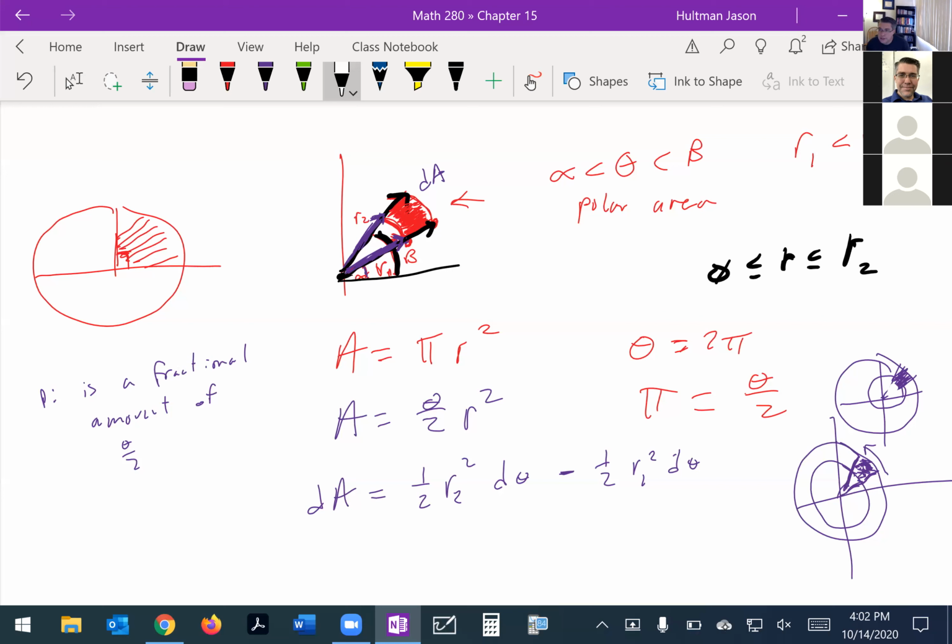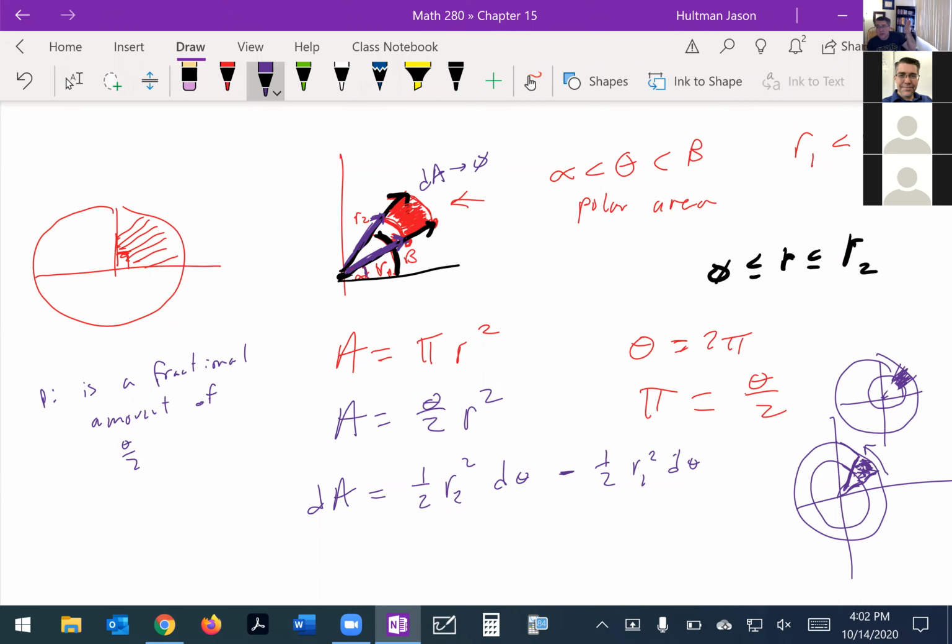The reason we're doing this is because we really want to find the area in polar coordinates, and we're going to make this dA go to 0. Give me my pen back. Oh, I'm writing in white. That was stupid. Okay, this dA is going to go to 0. That's what we really want here.